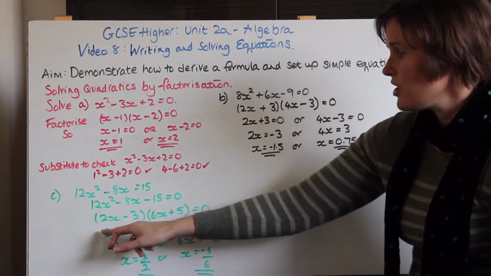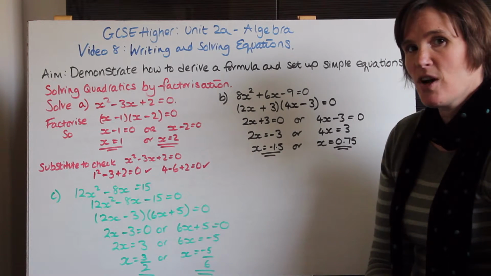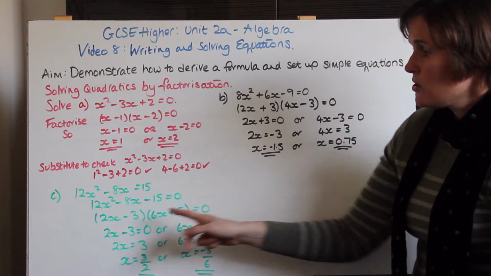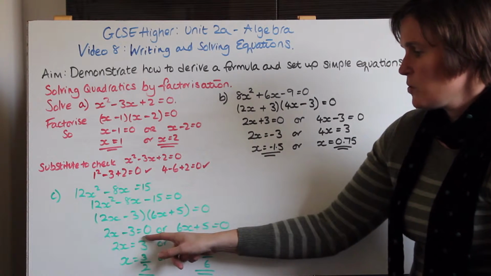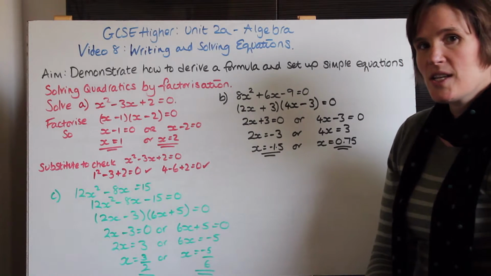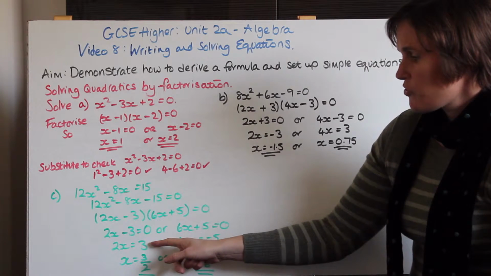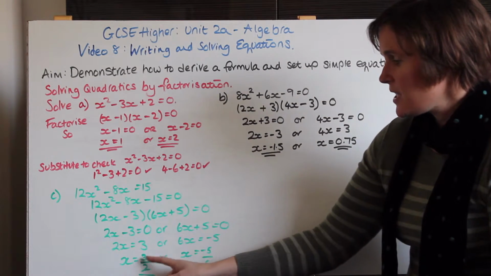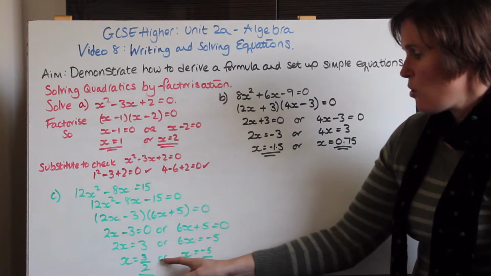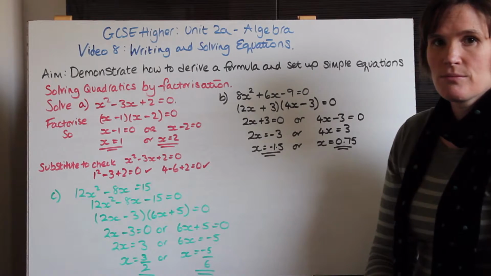We can then factorise to 2x minus 3 multiplied by 6x plus 5 equals 0. So either 2x minus 3 equals 0 or 6x plus 5 equals 0. 2x equals 3 or 6x equals minus 5. x equals 3 over 2 or x equals minus 5 over 6.